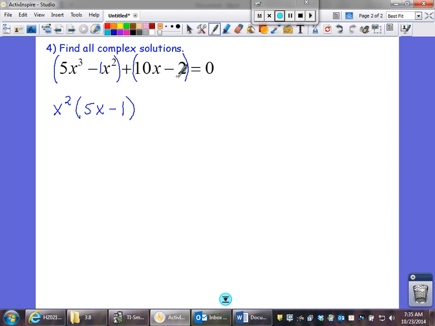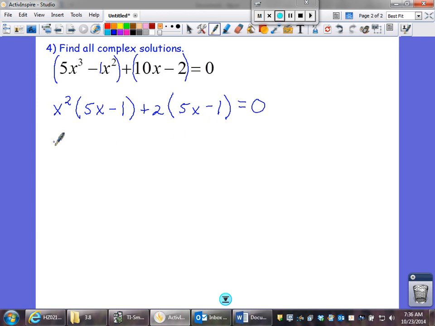All right, the next one, you can pull out a 2, and it's going to be a positive 2. What's left over? 5x minus, and the only way you're going to get that 2 back again is if you put a 1 here, because 1 times 2 makes 2. And all that's set equal to 0. Out of these 2 terms, you now notice that 5x minus 1 and 5x minus 1 are the same.